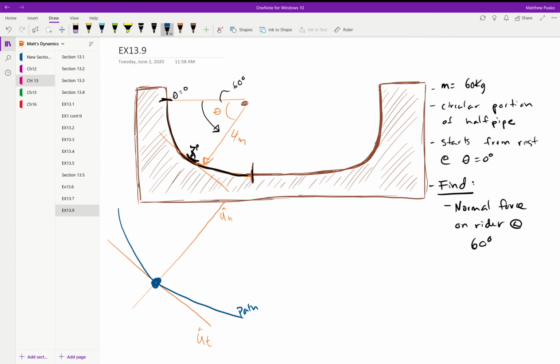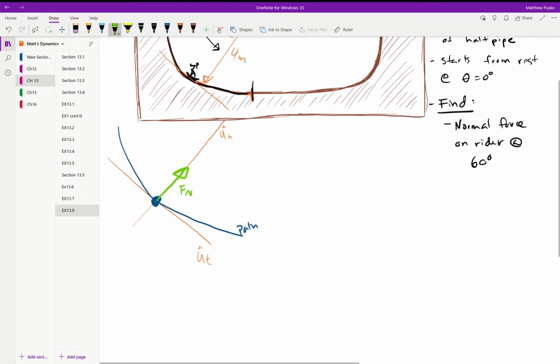Remember, we make our coordinate system at the mass. We are going to have a normal force of the track pushing on the person or the skateboard, and then we need to project in this direction and project parallel to meet up with the weight mg.